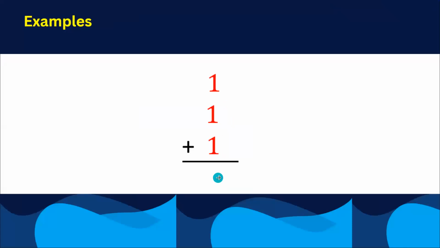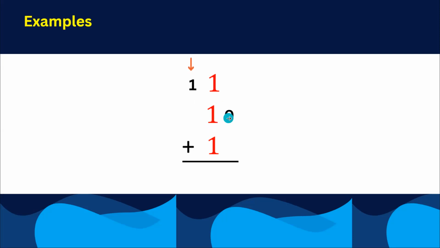So you can't write 1, 0 like this. So what do you do in addition? You keep the 0 here in this column, and you carry the 1 to the next column. It's the exact same thing that you've done in the decimal number system. Nothing has changed in the regular rules of addition.